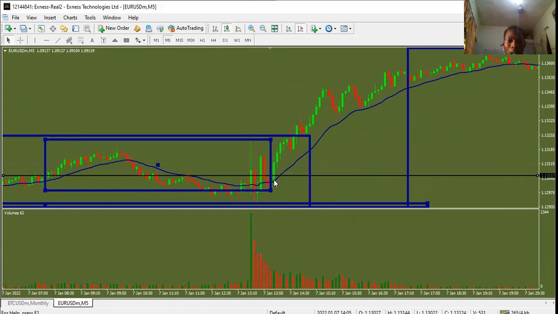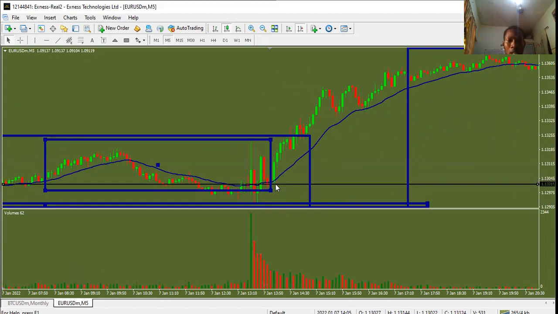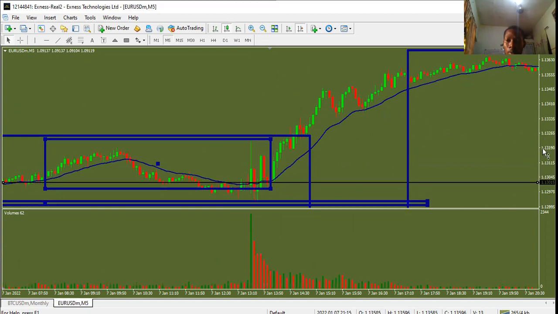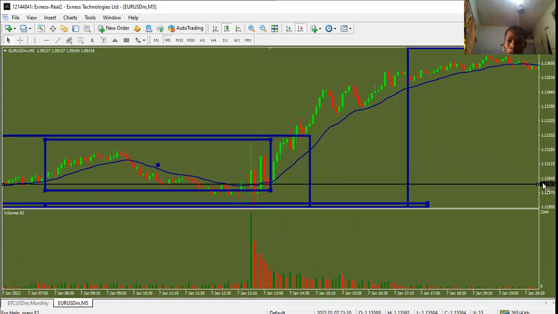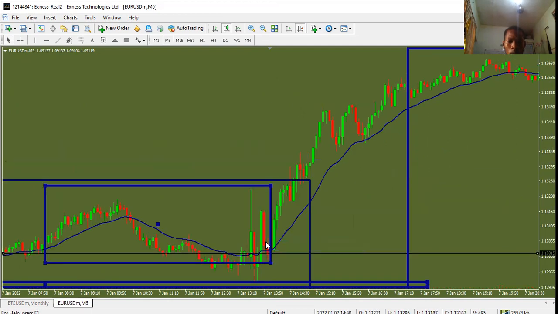Yeah, this is the market structure level. At this particular point, this is the low. This is another low. This is our market structure level.